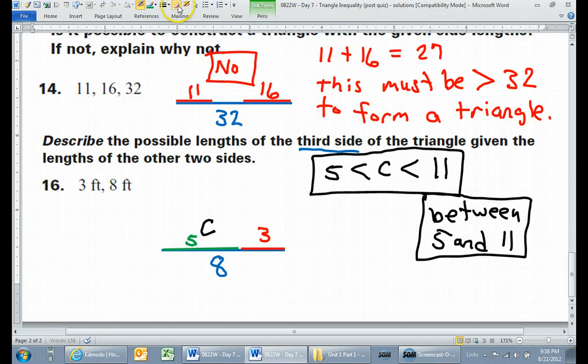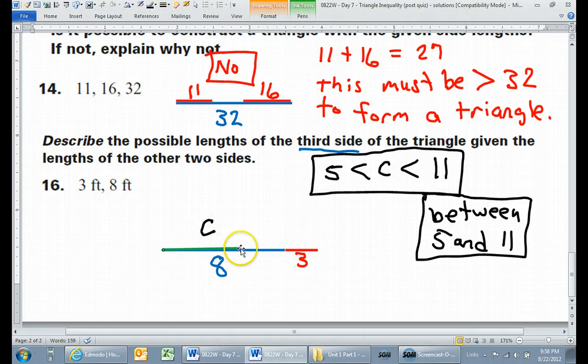On the other hand, if we stretch it out in the other direction, if I take this 3 and move it completely in the opposite direction, now there's my 8 and there's my 3.